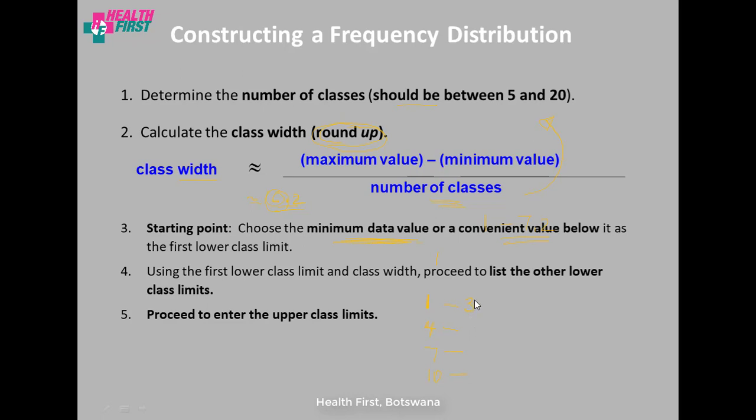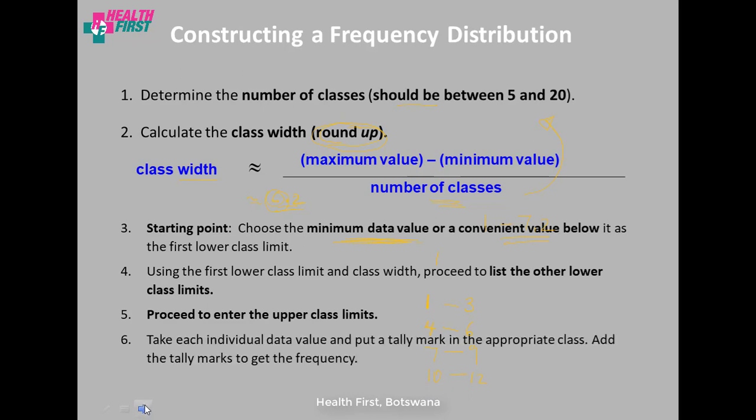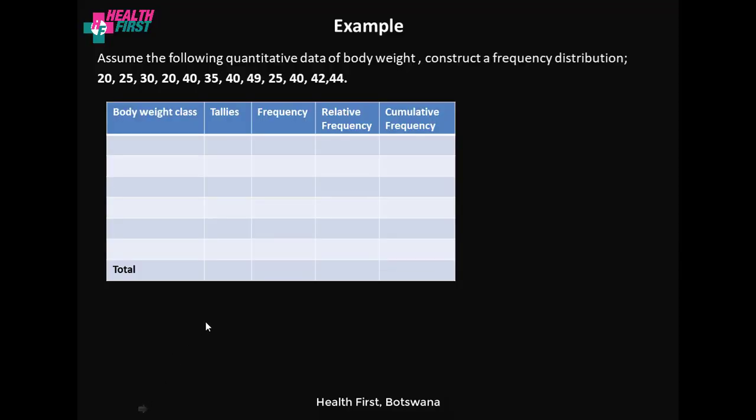So we'd add 3 to 3, we get 6, we get 9, we get 12, just like that, right? So this will become clear as we work through an example in the following slides. And then after that, of course, if you have your data points, you tally them up and you determine the frequency.